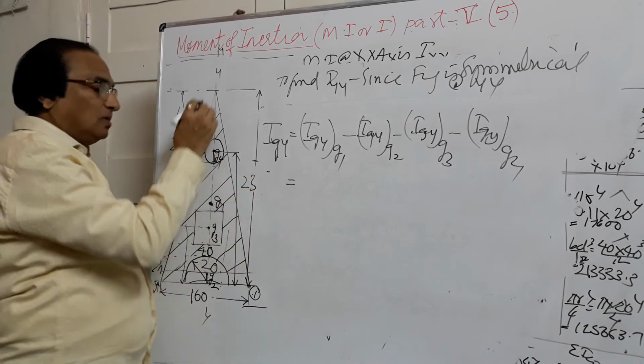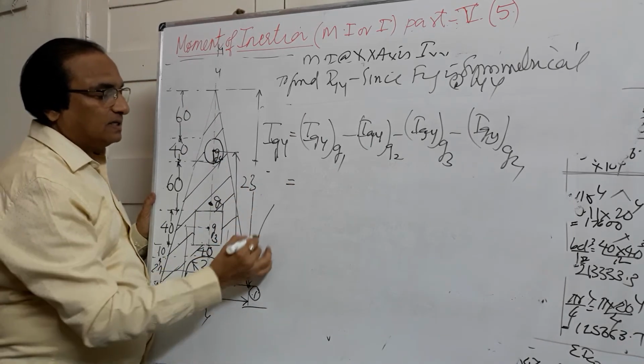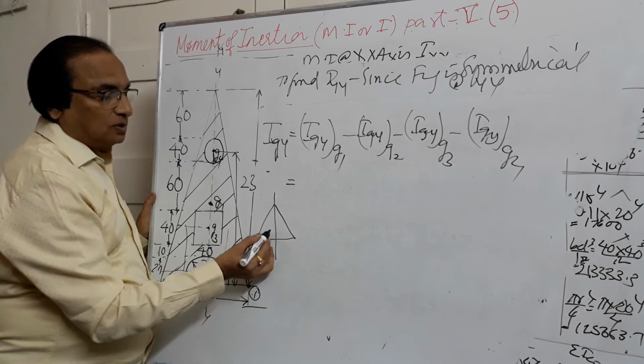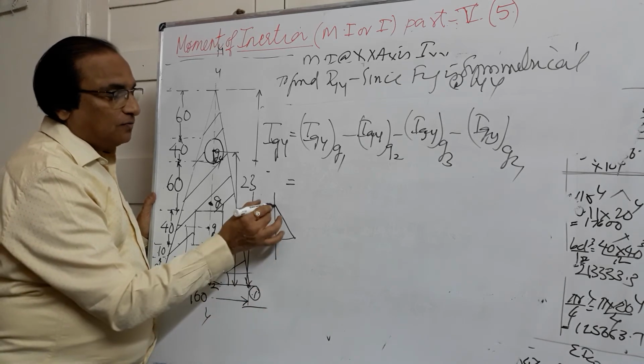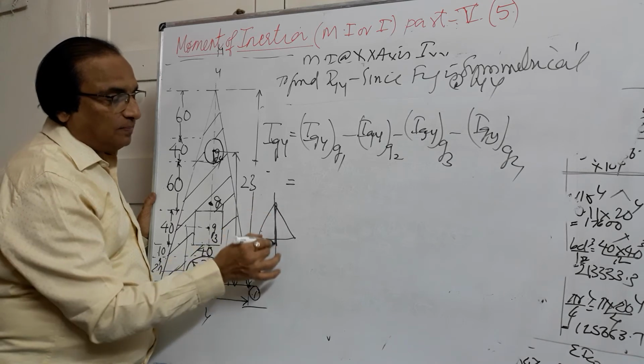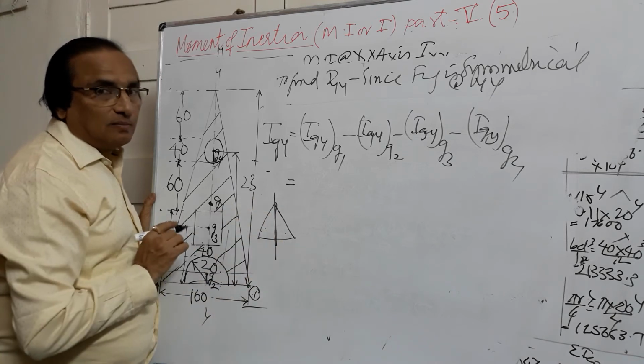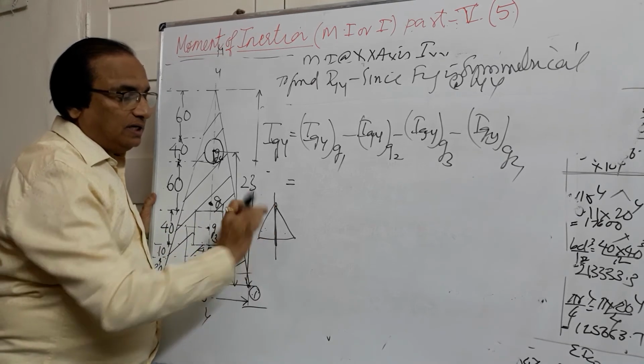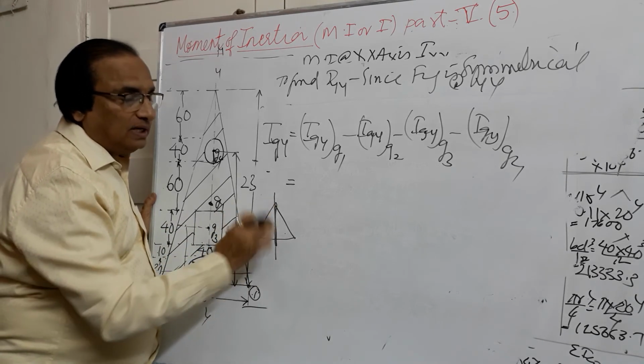So this will be equal to, if this is your triangle, if I divide it in half, so this will be one half and another half. If I take moment of inertia about the base and add the two, that will be the moment of inertia. And we know moment of inertia about the base is b d cube by 12 or b h cube by 12.